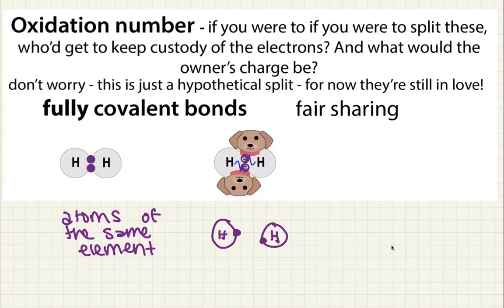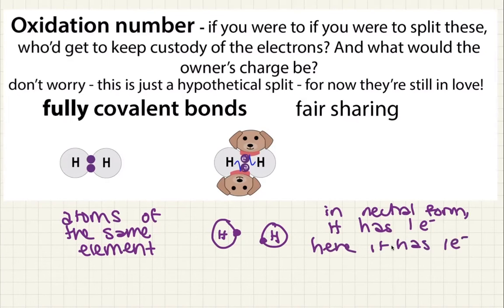And now if we think about how many electrons a hydrogen would have in its neutral form. So in neutral form, H has 1 electron. Here, it has 1 electron. And so 1 minus 1 equals 0, and we end up with an oxidation state of 0 for each of these.